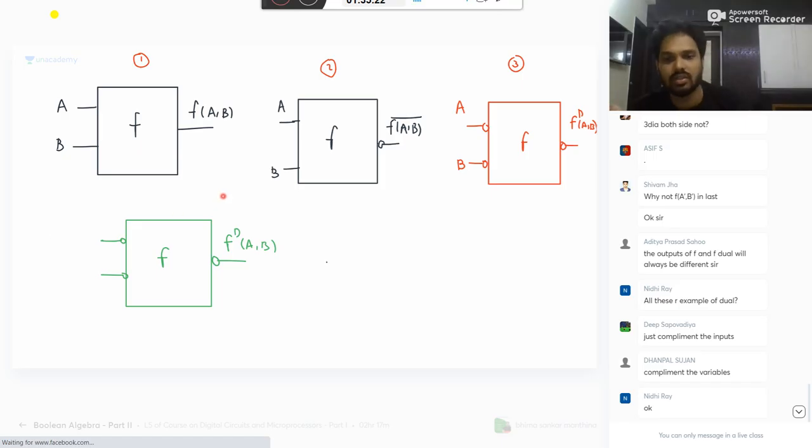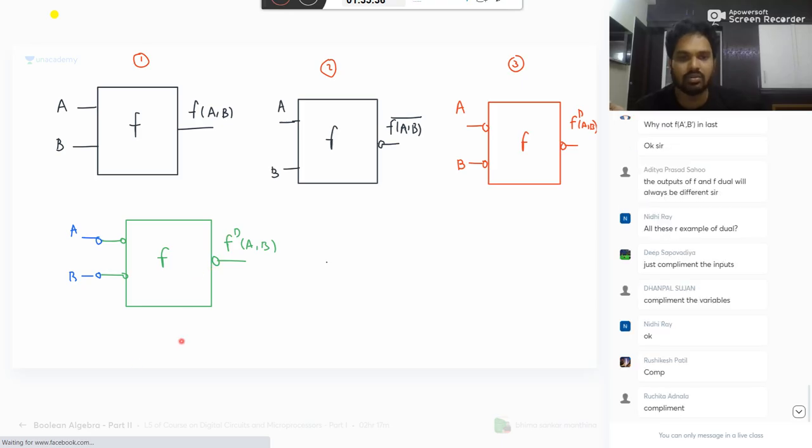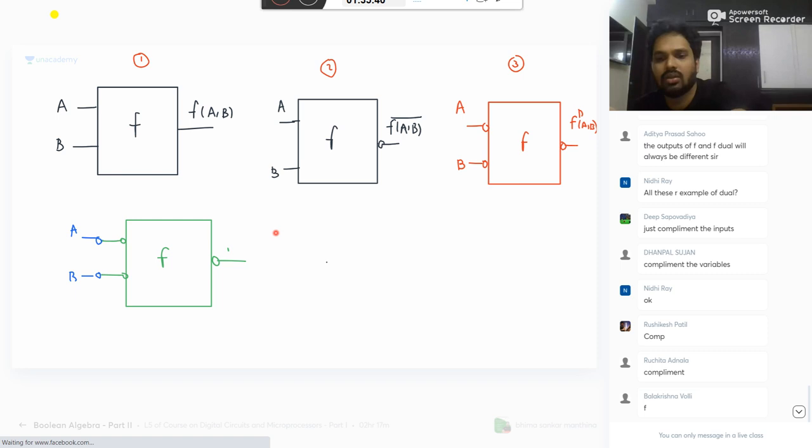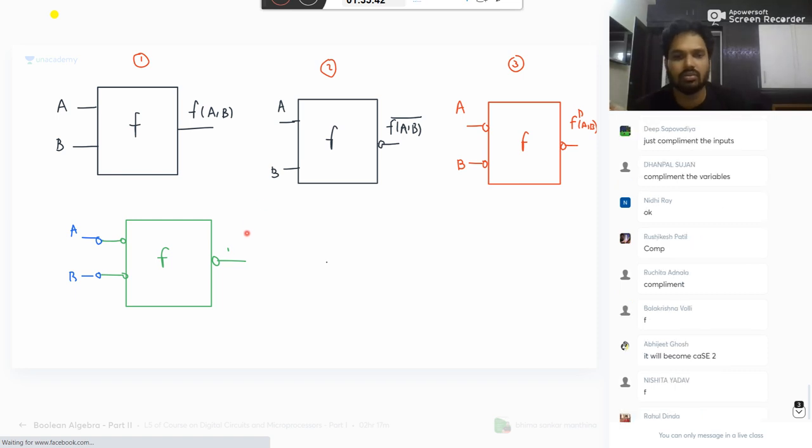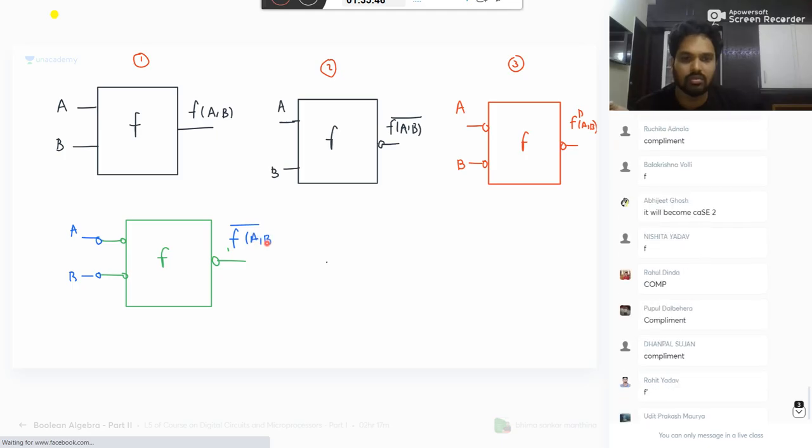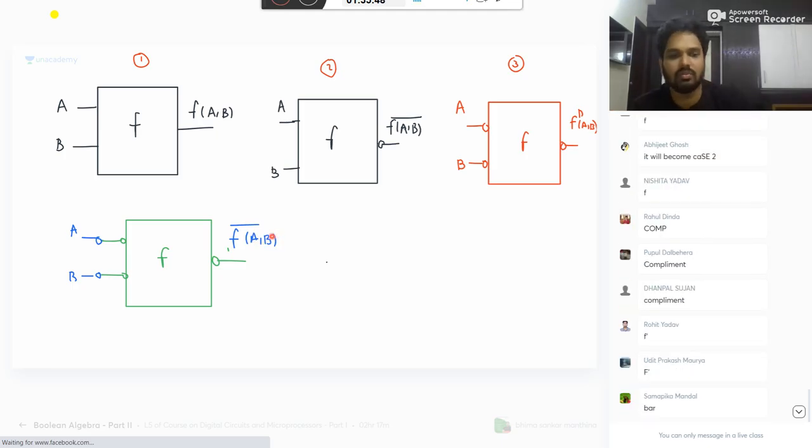So what I will do is I will add one more inverter here. If I add one more inverter, these two inverters side by side will cancel with each other, and now this figure will be how much? This figure will be equal to F bar of AB. Okay, this will be equal to F bar of AB.